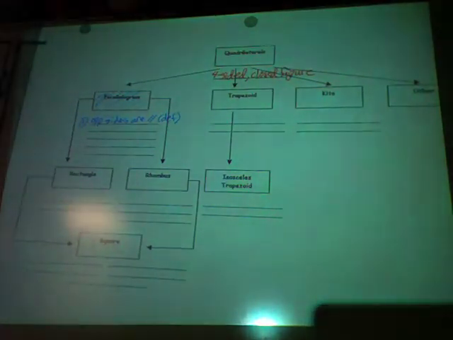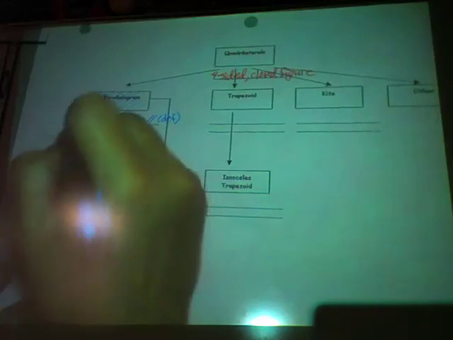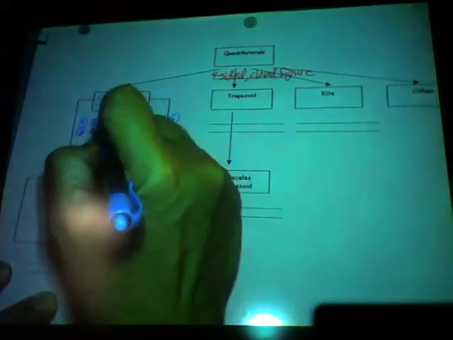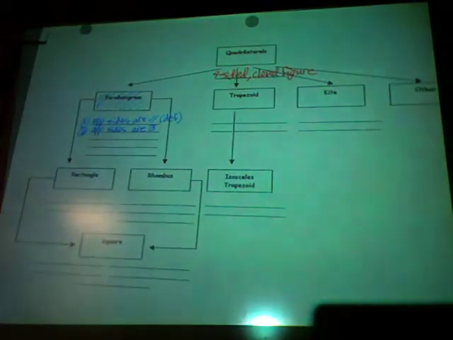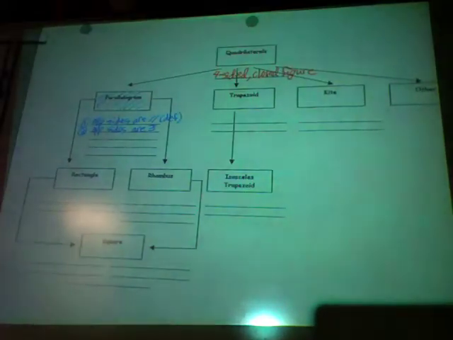So opposite sides are parallel. And then the second thing we looked at was what? Opposite sides are what? Yep, opposite sides are congruent. While we're on opposites, we'll go with 3.